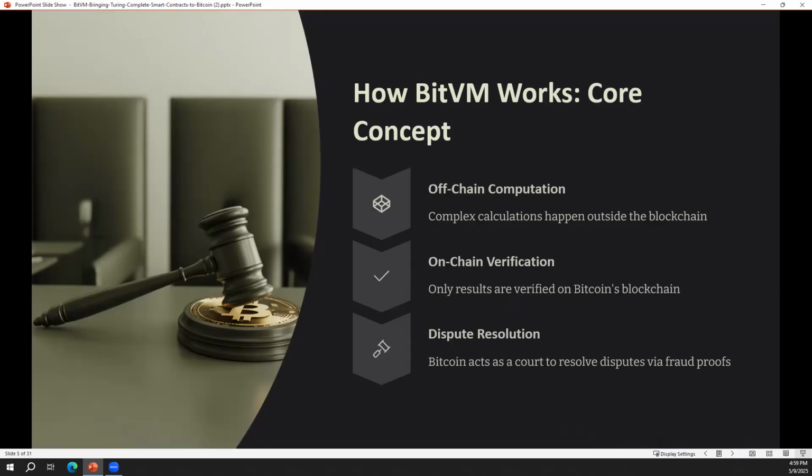The core idea is similar to optimistic rollups. One party, a prover, claims a certain computation result, and another party, a verifier, can dispute false claims via a fraud-proof mechanism. If a claim is proven false, the dishonest party loses a security deposit on-chain, ensuring strong incentive for honesty.